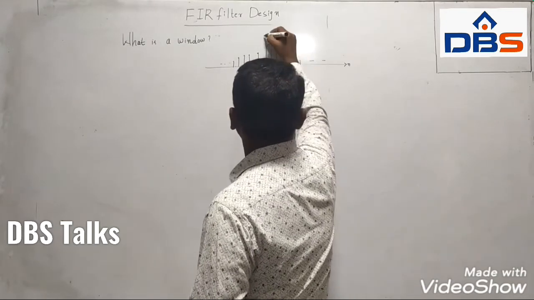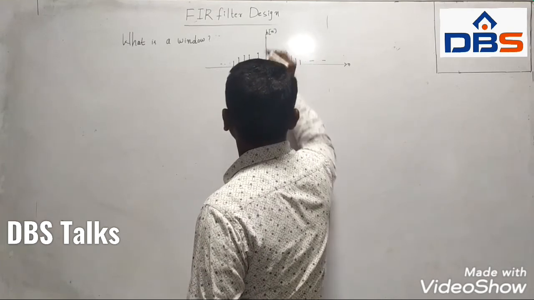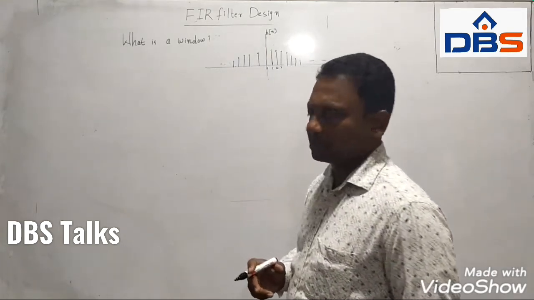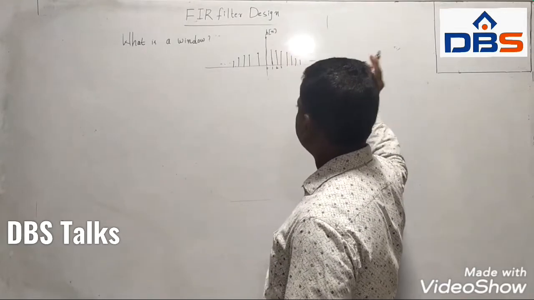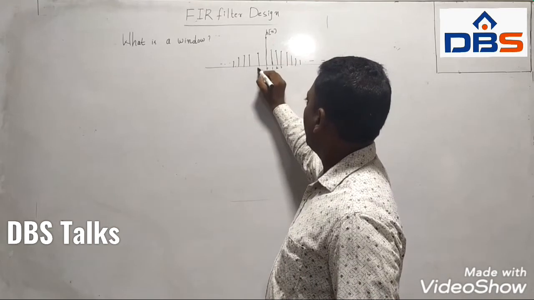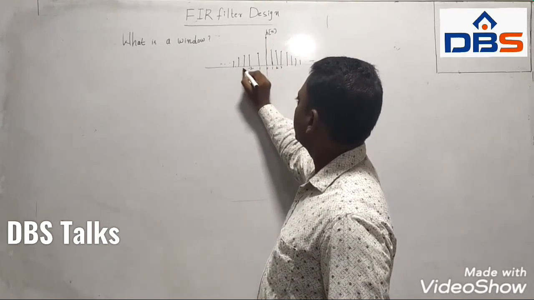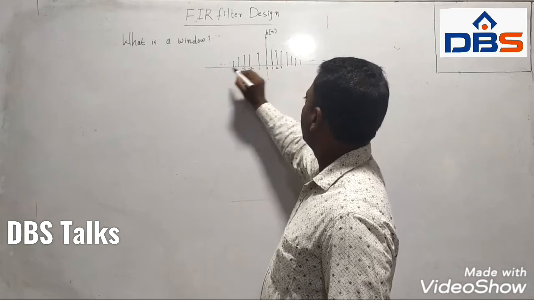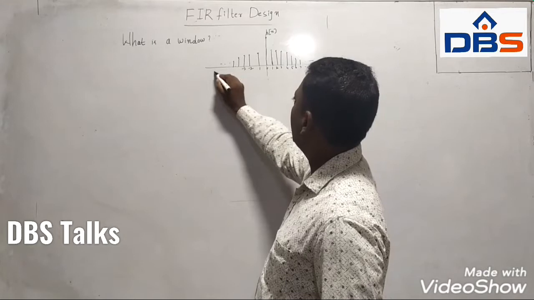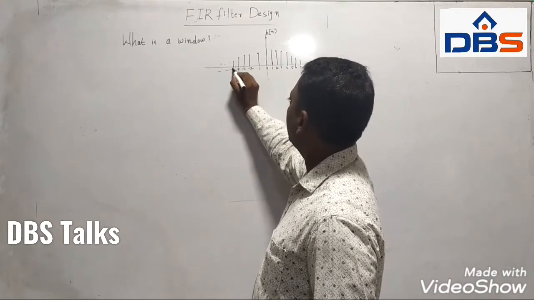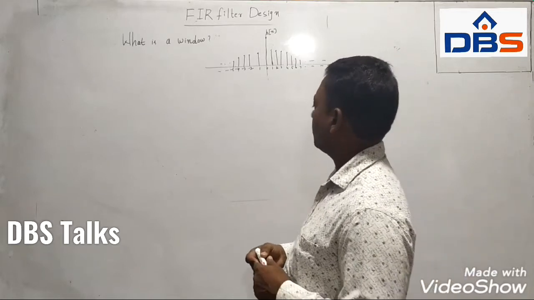This is some h of n. This is the infinite impulse response because on both sides the impulses extend from minus infinity to plus infinity. So -2, -3 and so on, and on this side 4, 5, 6, 7 and so on, for all the values, with some finite magnitude or amplitude.